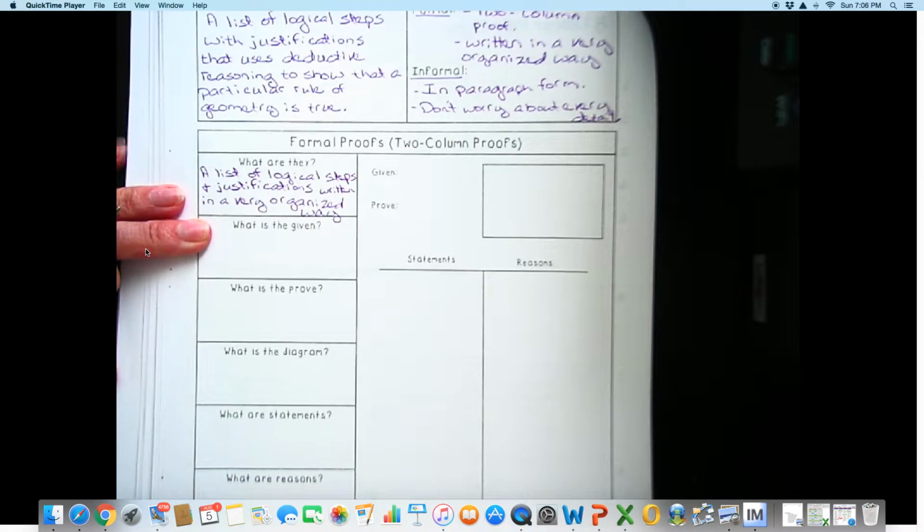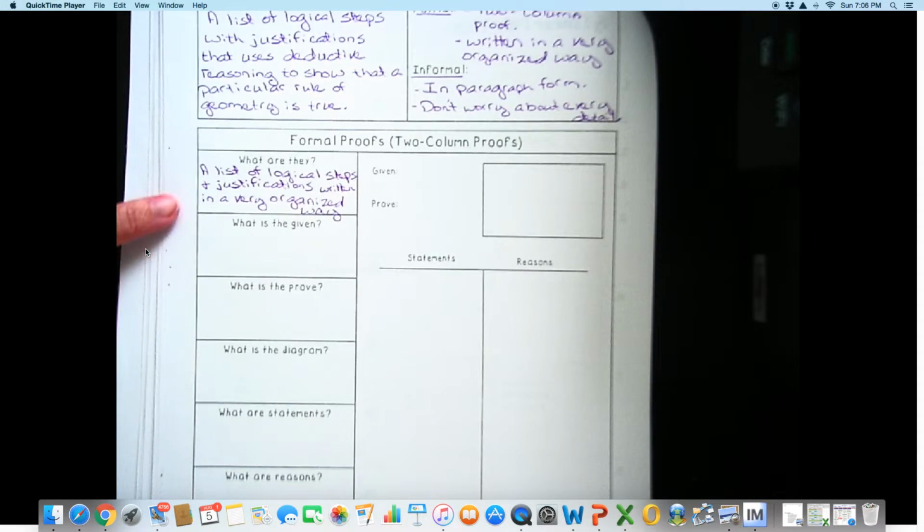Okay? A list of logical steps and justifications written in a very organized way.